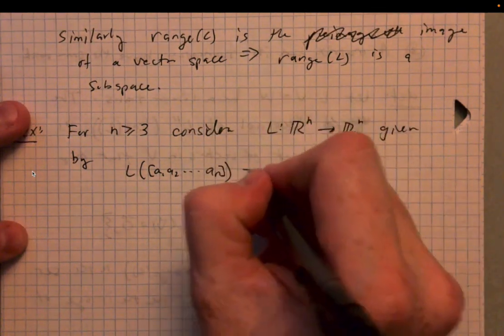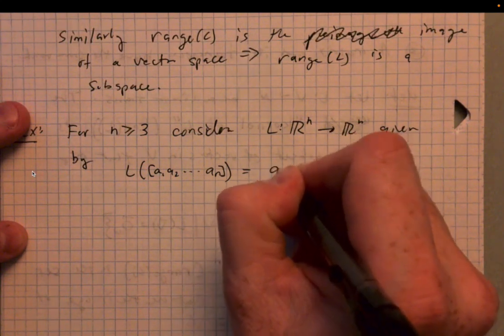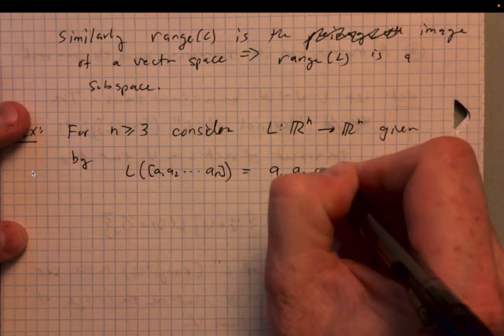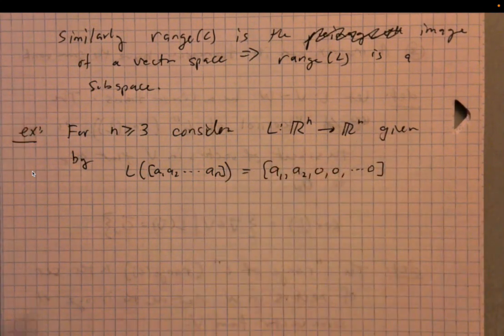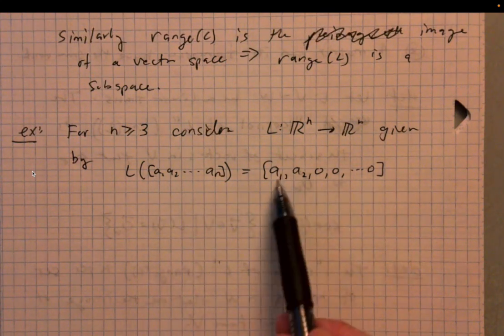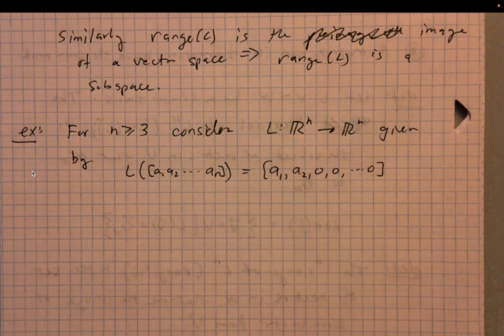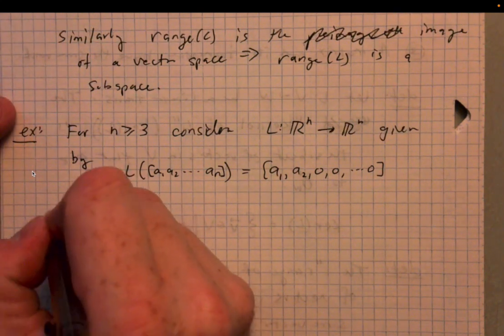And we'll say that L of that vector is equal to a1, a2, 0, 0, ..., 0. So basically, L maps any n-vector into a vector that has all zeros except for the first two components. Okay, and so what is the kernel here?